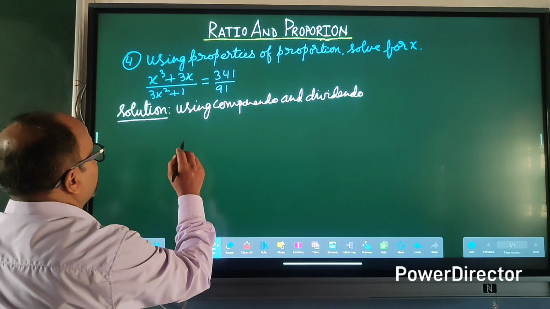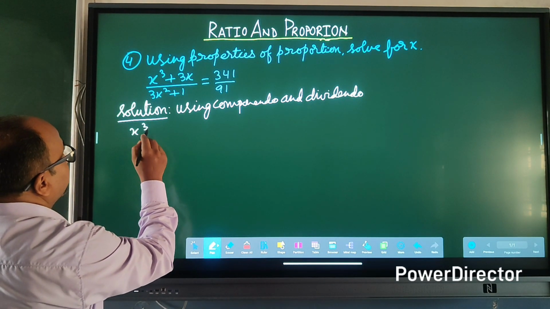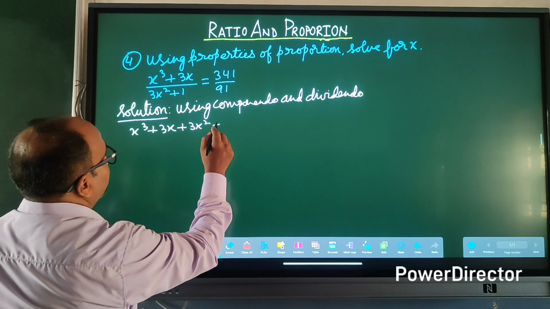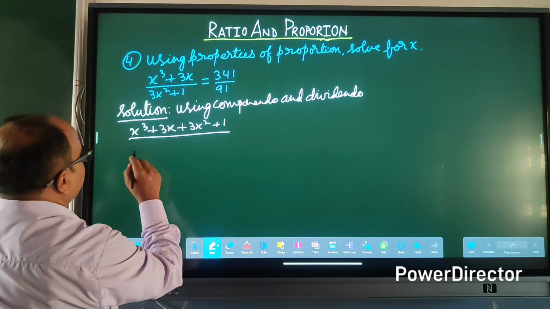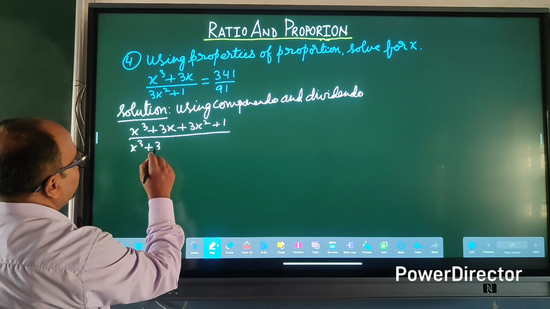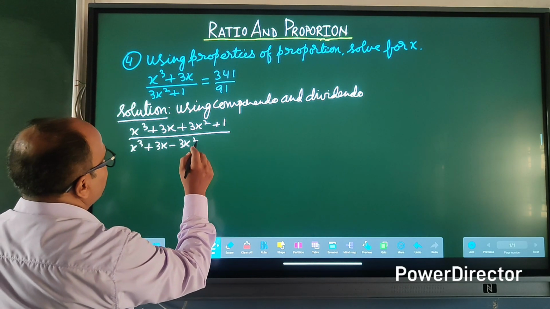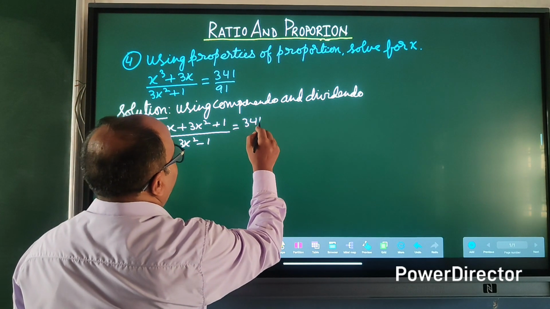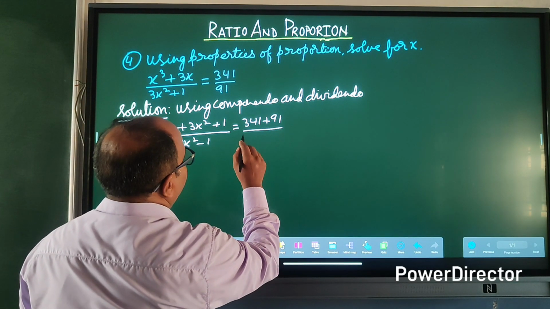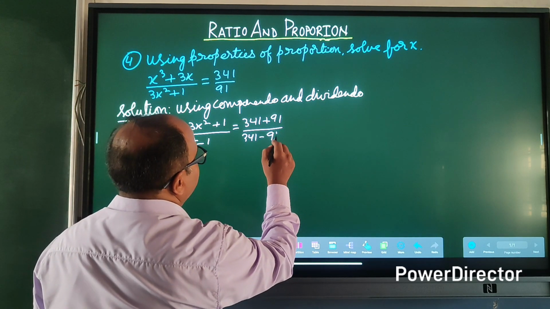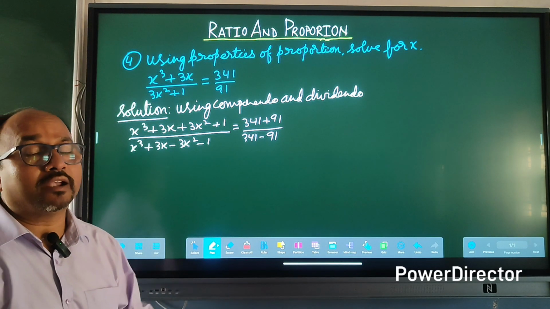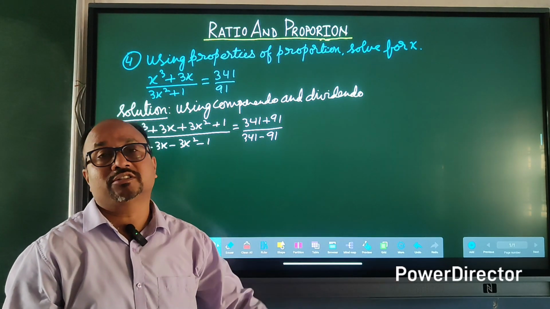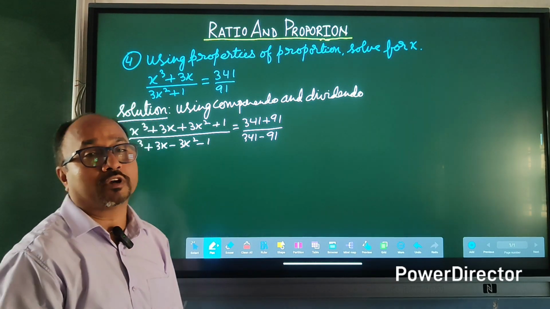If I apply componendo and dividendo here, I get (x cube plus 3x plus 3x square plus 1) over (x cube plus 3x minus 3x square minus 1) equals (341 plus 91) over (341 minus 91). Again I am reminding you, do not forget to apply componendo and dividendo on the RHS also. That is also very, very important.